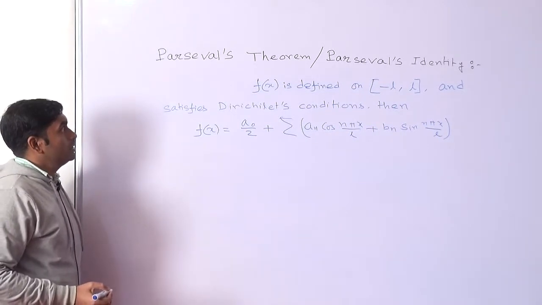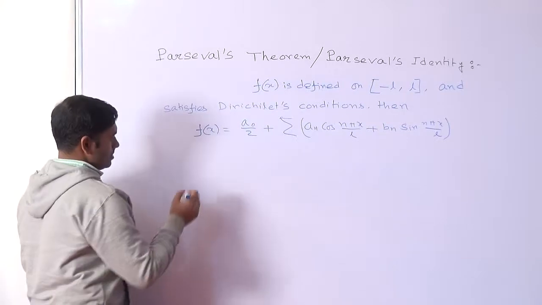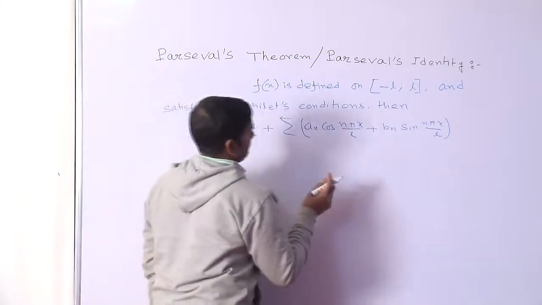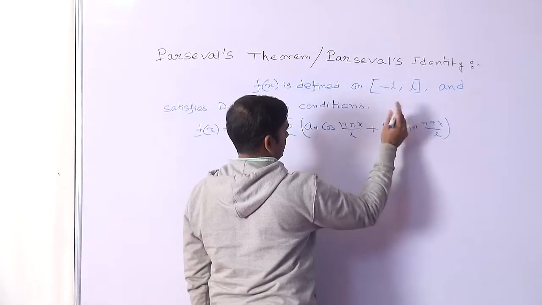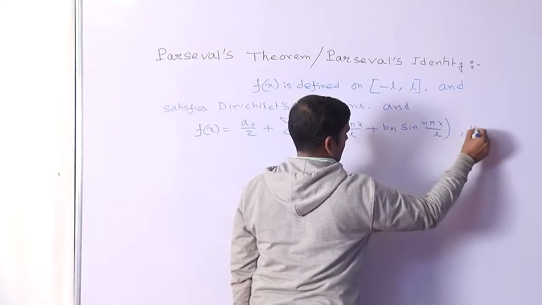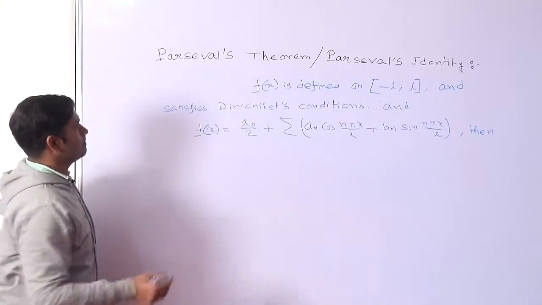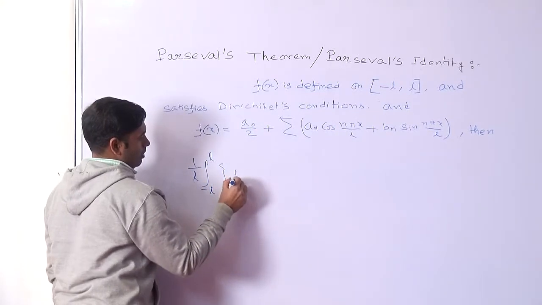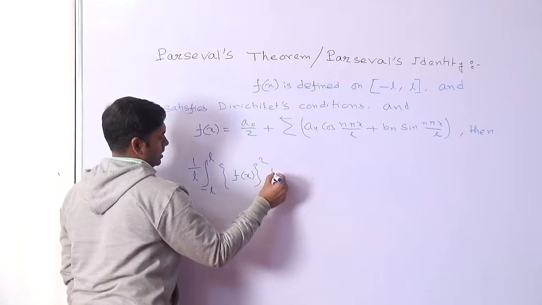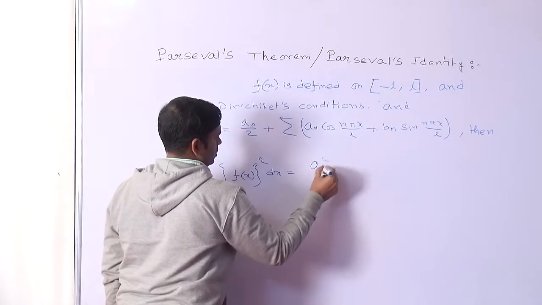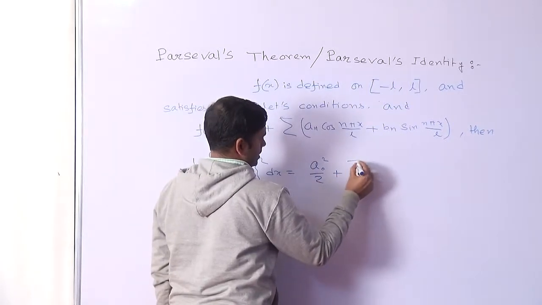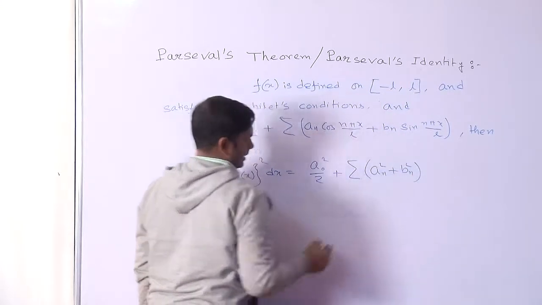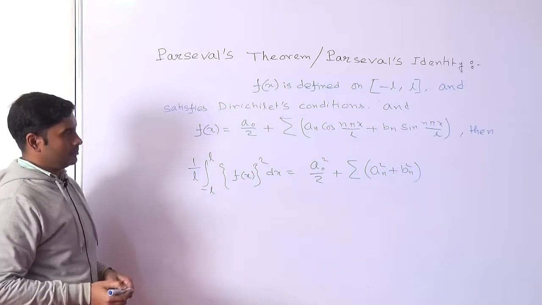Then what Parseval's theorem says is that (1/L) ∫ from -L to L of the square of the function f(x) dx = a0²/2 + Σ (an² + bn²). Okay.